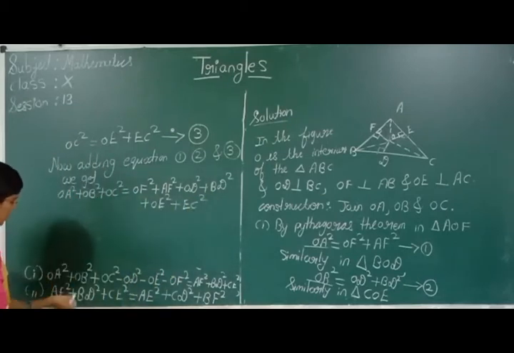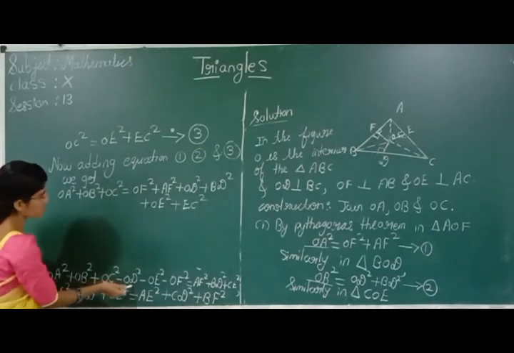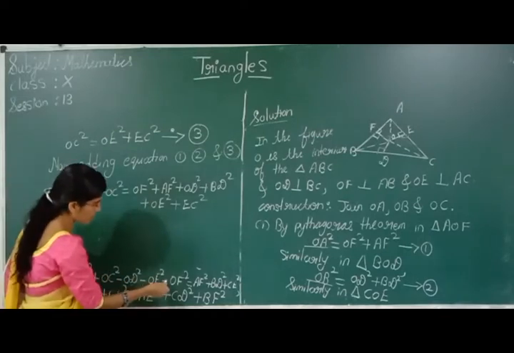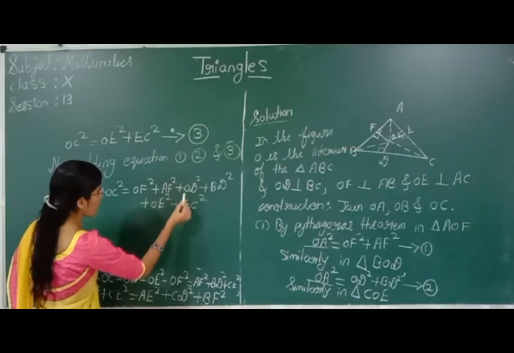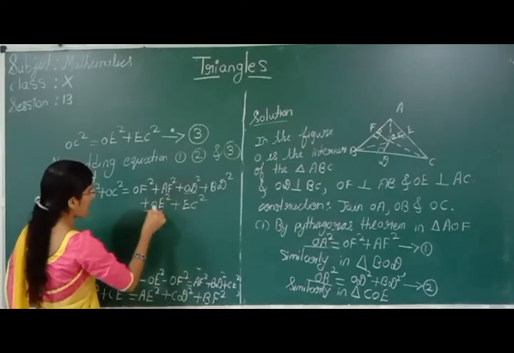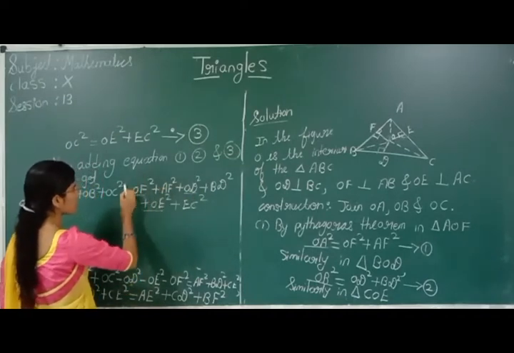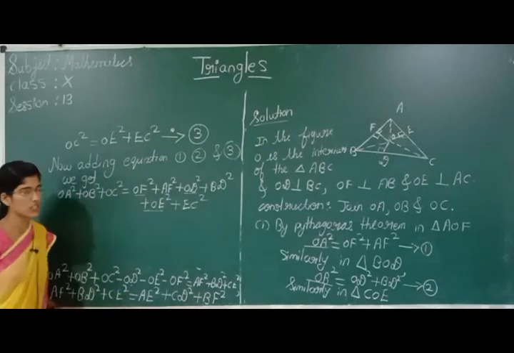Now see what we want to prove here. OA square plus OB square plus OC square minus OD square minus OE square minus OF square. These all terms are there in the RHS part, so we will transfer them into the LHS.